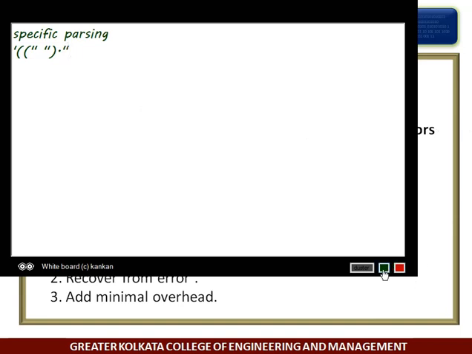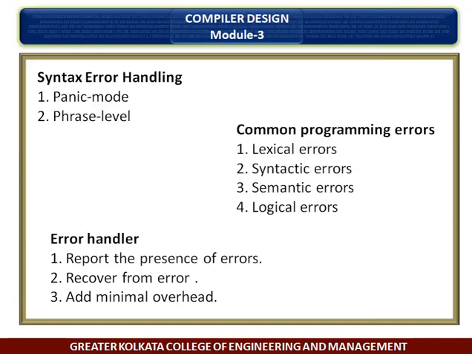As another example, in C or Java, the appearance of a case statement without an enclosing switch is a syntactic error. However, this situation is usually allowed by the parser and caught later in the processing, as the compiler attempts to generate code.